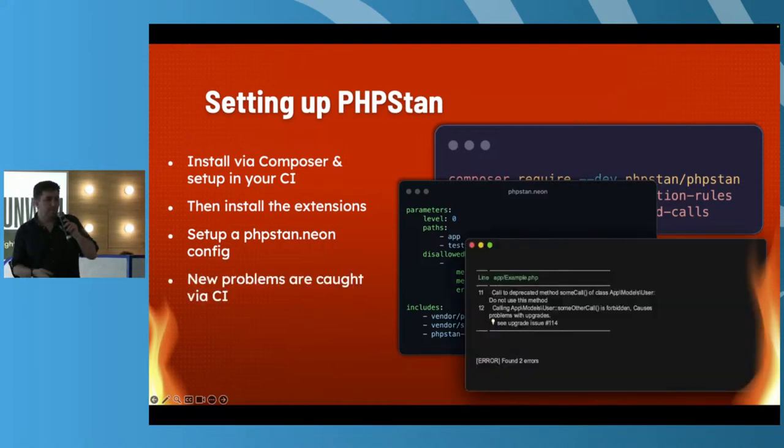As you can see, we run it, and this is what the output looks like. We've got, on the 11th line of example.php, a deprecated call, and we've also found a call that we marked as forbidden. So using this within CI means people aren't going to introduce those problems back into a project.